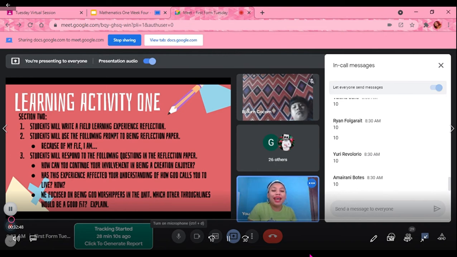So what is at least one thing that you can do to continue enjoying creation? If you are gonna say, I'm gonna water my plants, I'm gonna play with my animals or my pets, I'm going to plant a tree. Those are things that you can do to be creation enjoyers.